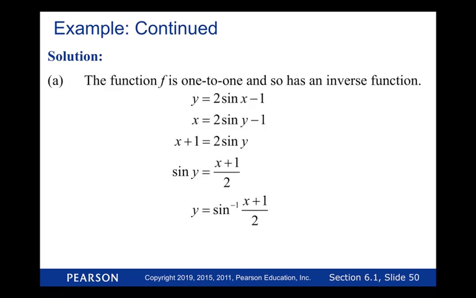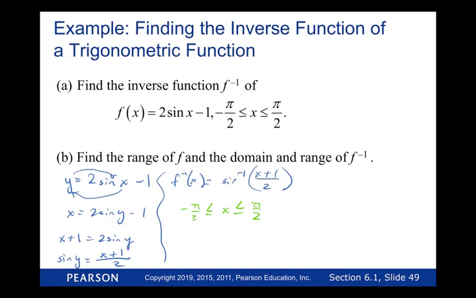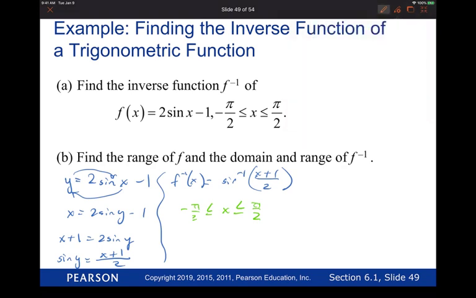So we're going to say that y equals 2 sine x minus 1, and we're going to use the fact that sine of x goes from negative 1 to 1, right? If we solve for sine from there, add and divide, we get sine of x equals y plus 1 over 2.